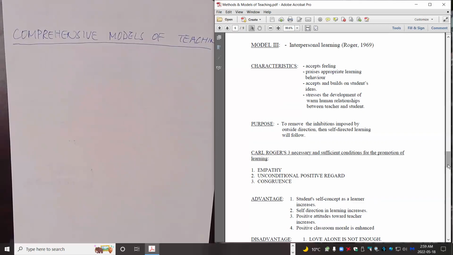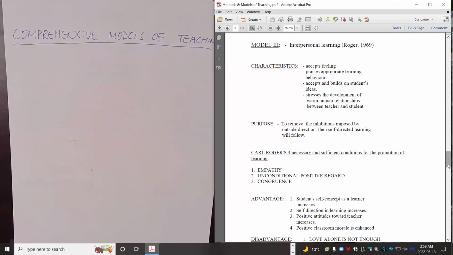And so the purpose here, according to Carl Rogers, is to remove the inhibitions imposed by outside direction. And in doing that, then self-directed learning will follow.